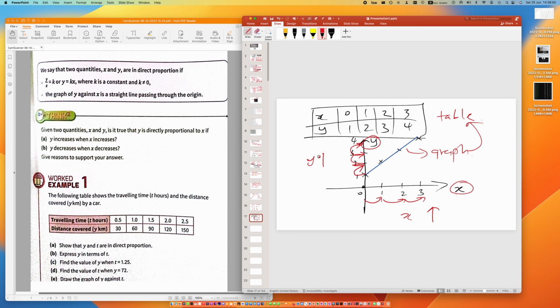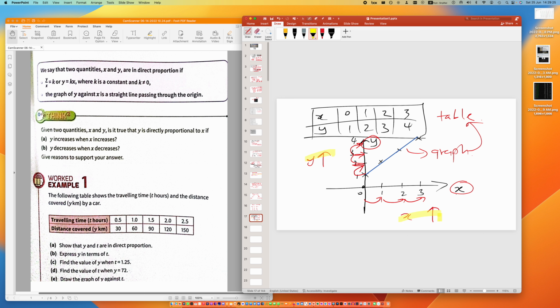As x goes up, your y goes up or down? I'm talking about the value of y. Up. Okay, so as x goes up, y also goes up. So therefore this is called a direct relationship, or direct proportional relationship.